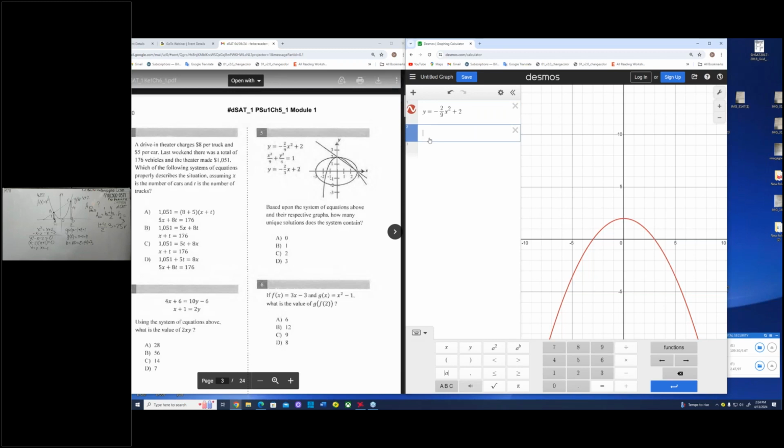Okay, next line. x to the second over 9 plus y to the second over 4, and this equals 1.